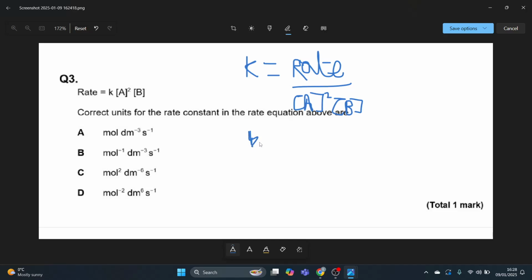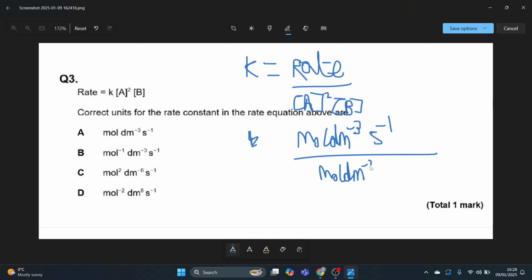Well, the units of rate are mol dm minus 3 s to the power minus 1, and this is going to be on the denominator: mol dm minus 3 squared times mol dm minus 3, so therefore it's going to be mol dm minus 3 to the power 3. What you notice is that both of these have the same units, so that cancels out.